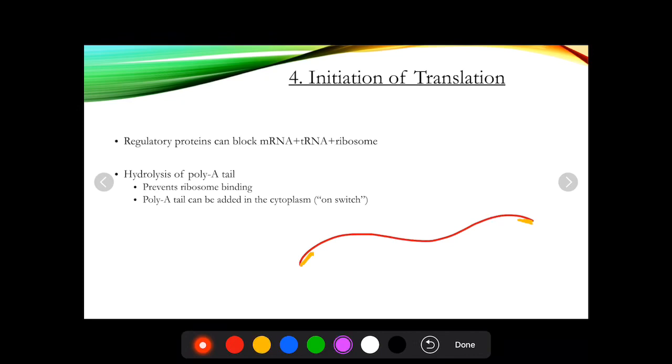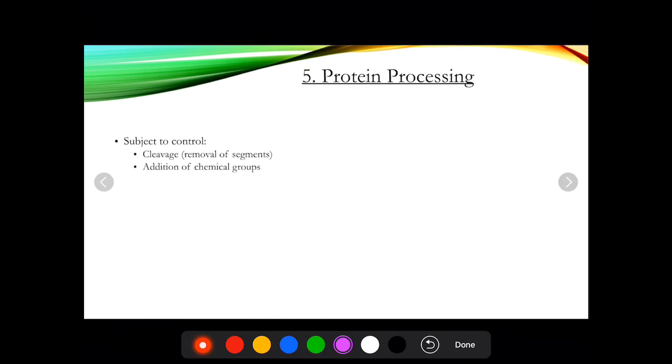If you block the ribosome from binding, then guess what? Translation doesn't occur. So you've got the mRNA, but you don't make protein. So that's one way to control it. If you break down the poly A tail, the ribosome isn't going to bind. If you then rebuild the poly A tail later, it will bind. So it's almost like an on-off switch there.